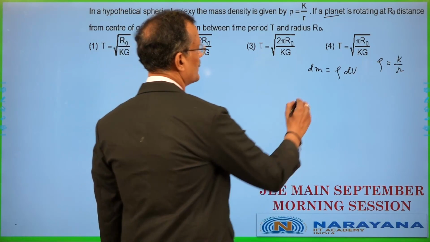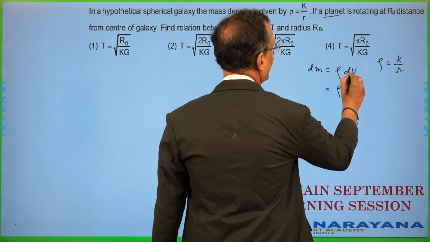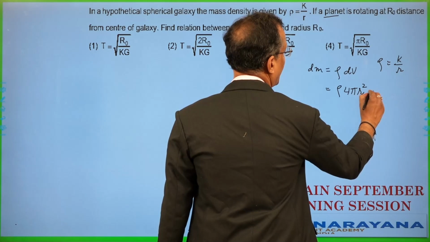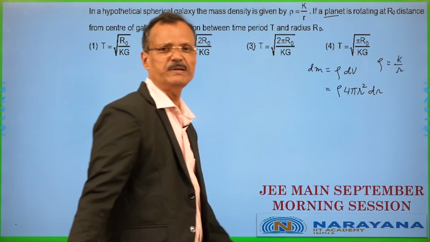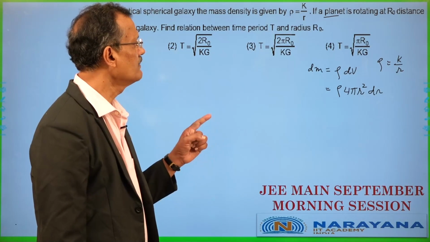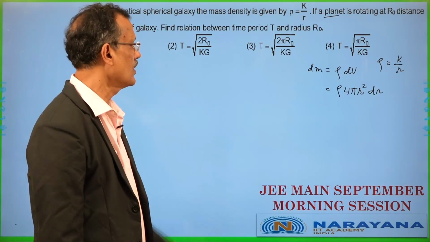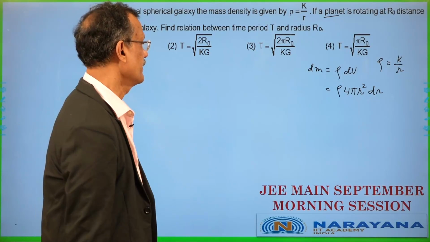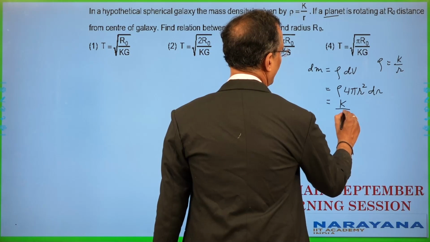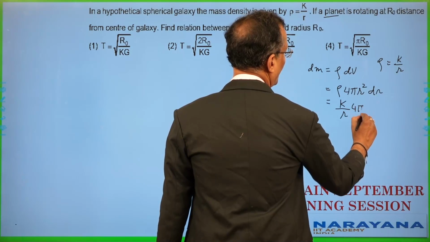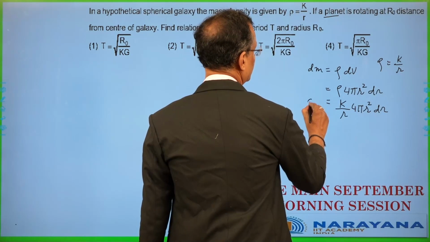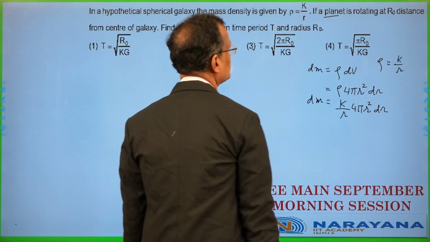Now, this will be equal to rho dv, 4 pi r squared dr. Some arbitrary distance I have taken, whereas the limit of small r I will take from 0 to r0, from center to r0. This will be equal to k by r, 4 pi r squared dr. This is dm. Clear to you?